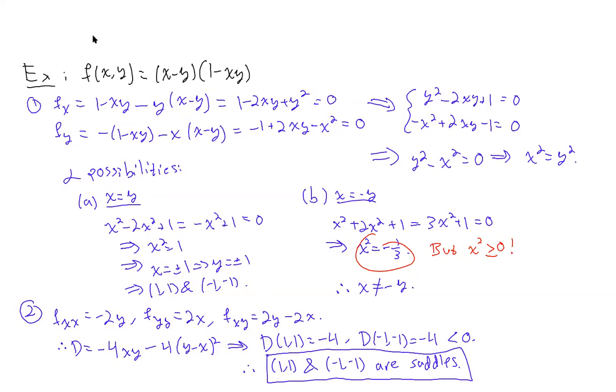Now I want to point out, by the way, something that we didn't do. This is something to be cautious about. We didn't write plus or minus 1 comma plus or minus 1. Technically we could have, but that's often misleading because that's often misconstrued to mean (1, 1), (negative 1, negative 1), (1, negative 1), and (negative 1, 1). But (1, negative 1) and (negative 1, 1) are not critical points.